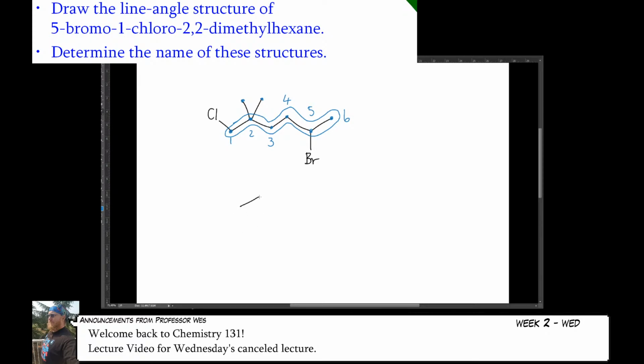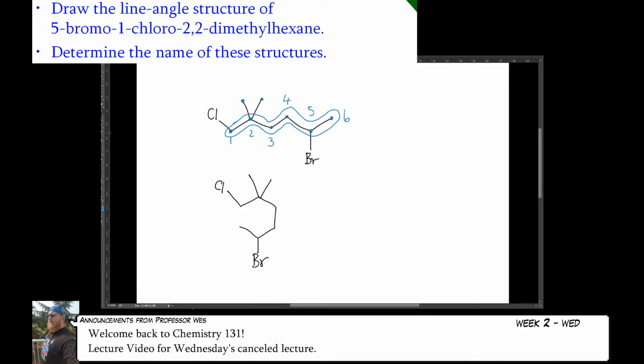So 1, 2, 3, 4, 5, 6, and then here's Cl, and then I've got this going on, and this going on. This is the exact same molecule as what's drawn above, but if you were to look at this really quickly, you'd think, oh wow, I did it totally wrong, where in reality it's totally fine.